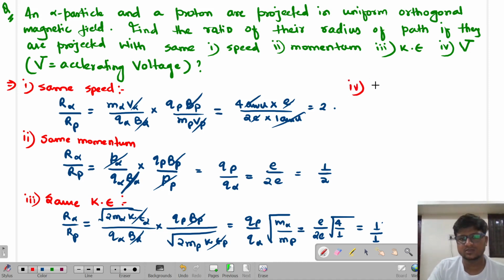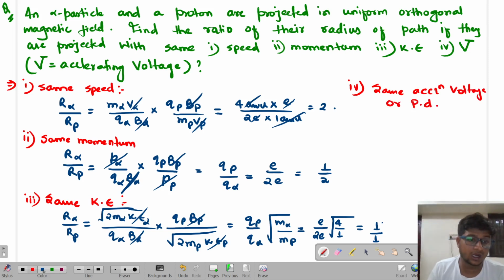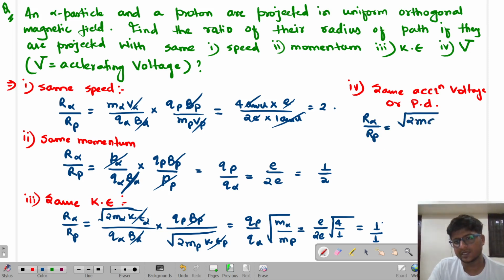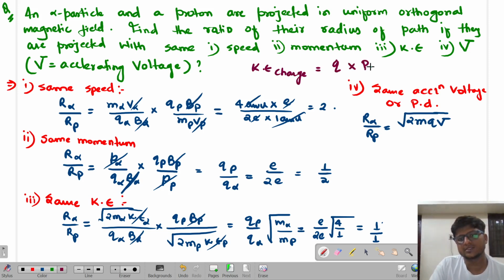I'll just write the formula. Same voltage or potential difference. We have to follow that. R of alpha by R of proton is, this will change as root under twice M kinetic energy is Q into V. Basically remember that kinetic energy of any charged particle is charge into potential difference.